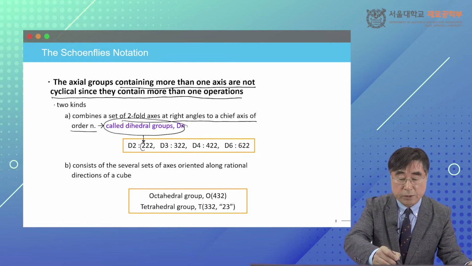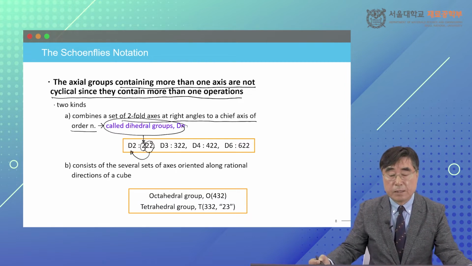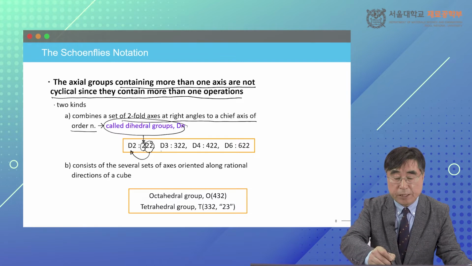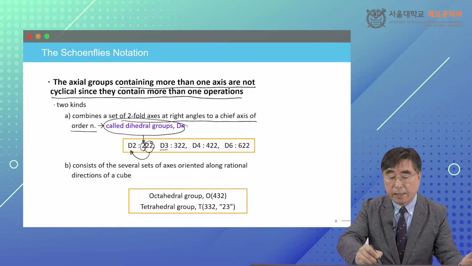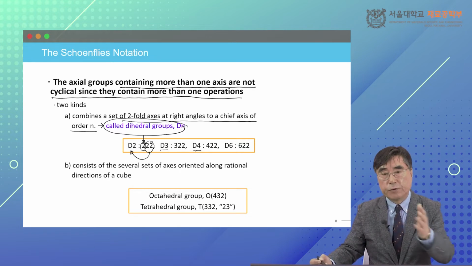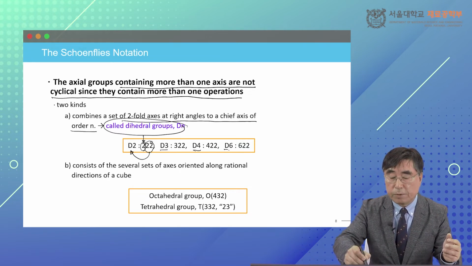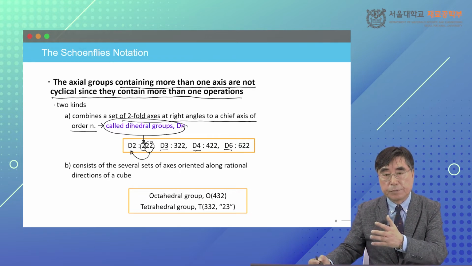It is basically twofold, and this dihedral group just follows. So in his definition, D3 is the dihedral group of threefold, 3, 2, 2. D4 is the dihedral group of fourfold, 4, 2, 2. And D6 is the dihedral group of sixfold, 6, 2, 2.